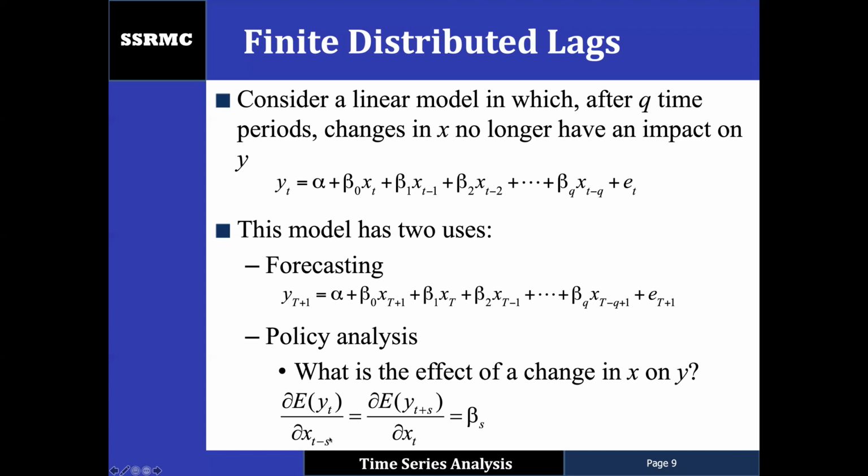If we would like to consider the effect s periods away, we can check the coefficient estimate or calculate the marginal effect of x by using any one of those equations, and that's simply beta s. In this case, if it is one period apart, that's beta 1.